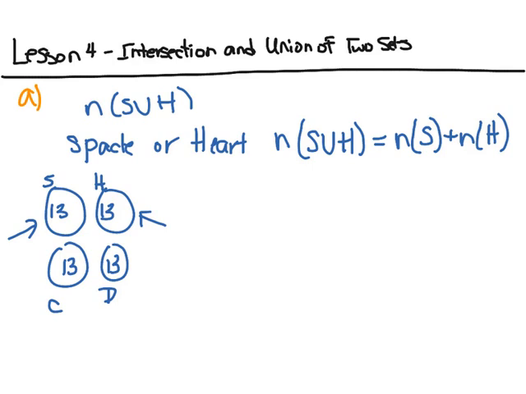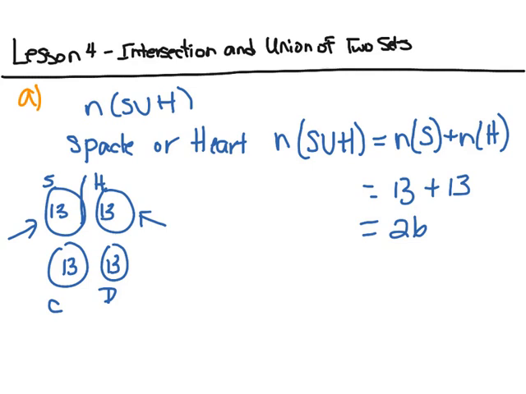But since our circles don't intersect at all, they're all completely separate, we don't have to subtract our intersection. So we have 13 plus 13 is 26. So really what it's saying is 26 out of 52 cards, that's your chances of drawing a spade or a heart, which makes sense because it's half your cards.